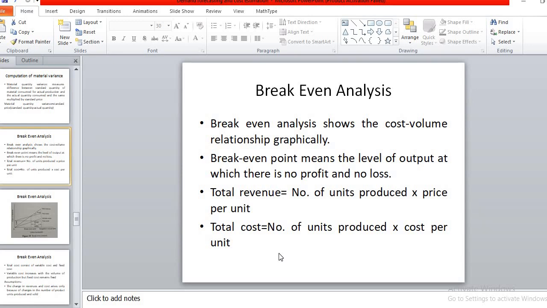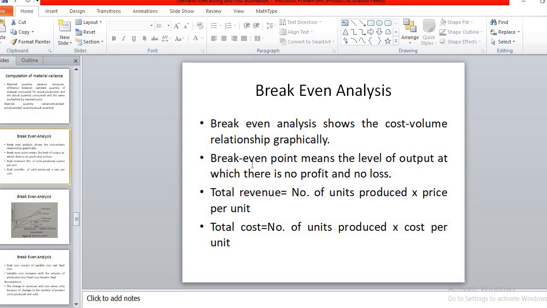Break-even analysis is called BEA. In this break-even analysis, the break-even point is also observed. At that point, the level of output refers to no profit and no loss.